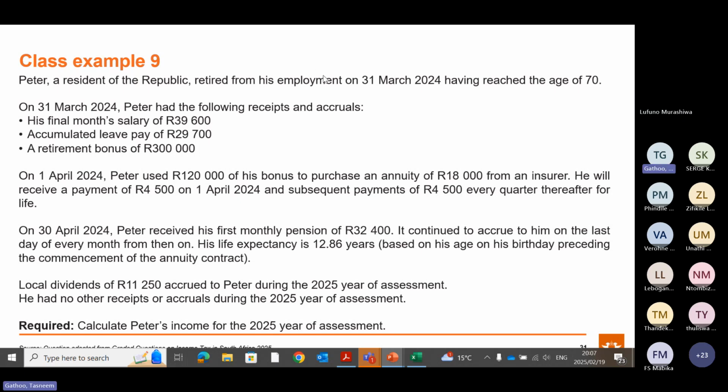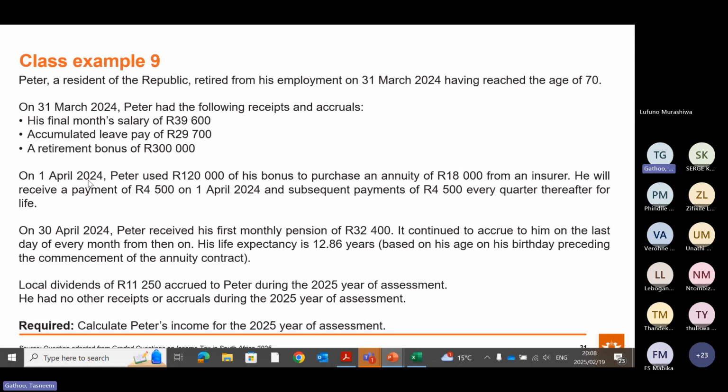Peter, who's a resident of the Republic, retired from his employment on the 31st of March 2024, having reached the age of 70. On the 31st of March, Peter had the following receipts and accruals: his final monthly salary of 39,600, accumulated leave pay of 29,700, and a retirement bonus of 300,000.